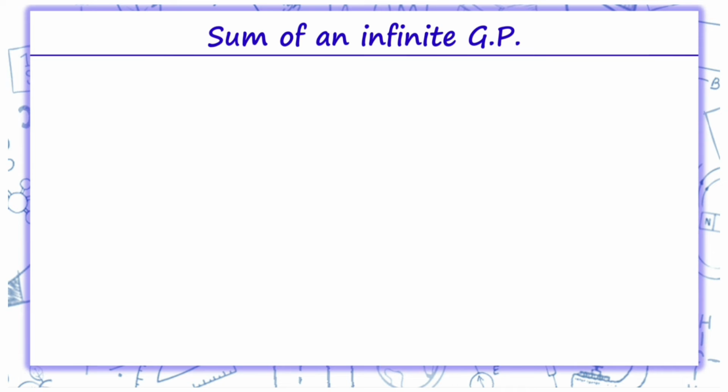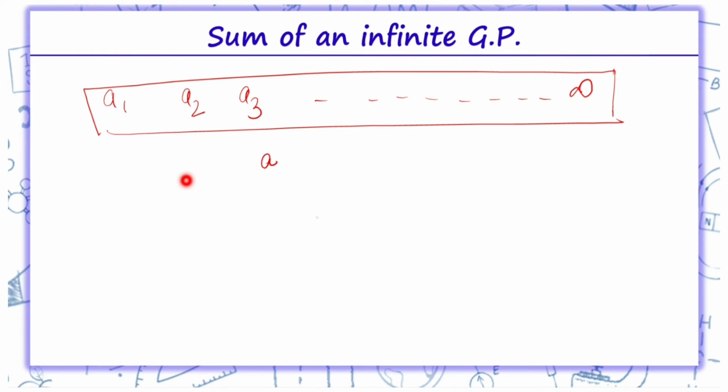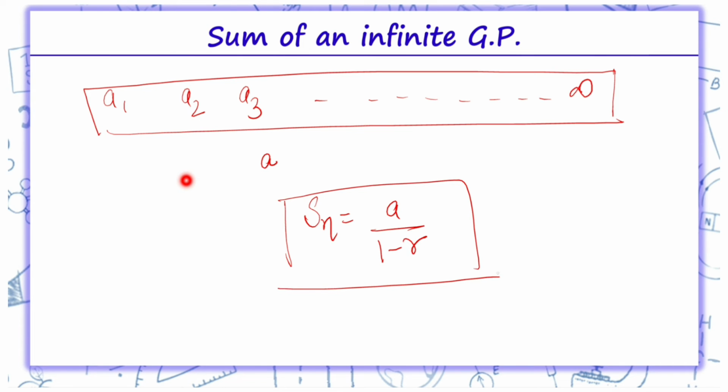Coming to the sum of an infinite GP, let's suppose I am provided with a GP A1, A2, A3, and this GP is an infinite GP, where the first term we'll consider as A. The sum comes out to be A upon 1 minus R. Note that if the absolute value of R is greater than or equal to 1, the sum of an infinite GP tends to infinity.